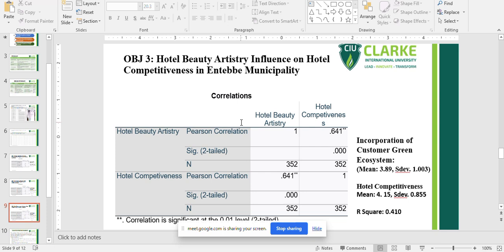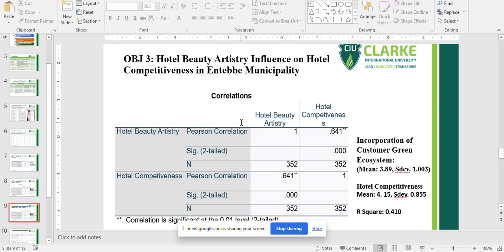And when linear regression analysis was conducted, an R square of 0.41 was obtained, implying that hotel competitiveness in Entebbe municipality is explained at 41% by hotel beauty artistry.